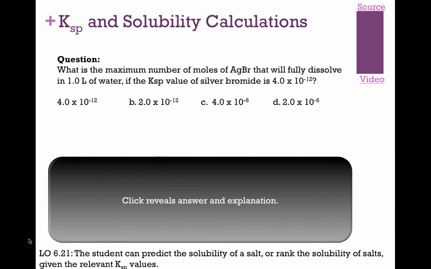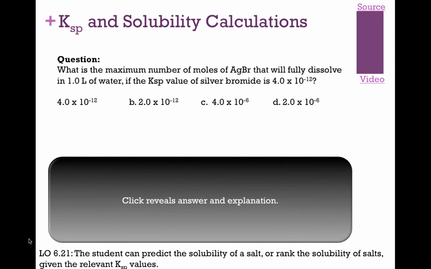You start with 0, and then it's plus what? X. Why is it just x and x? Why not like 2x? Coefficients are 1. So let's just plug this and this into the equilibrium expression.